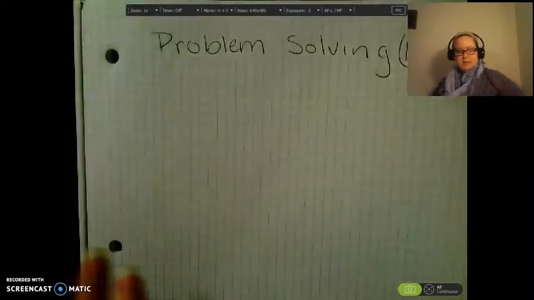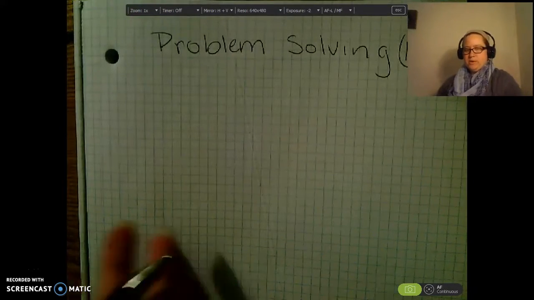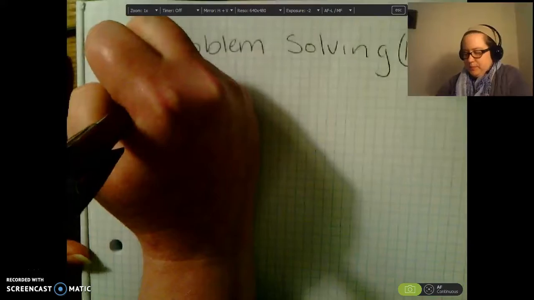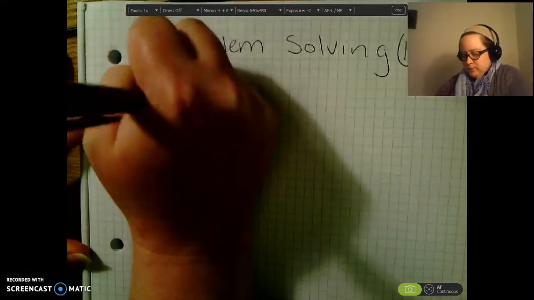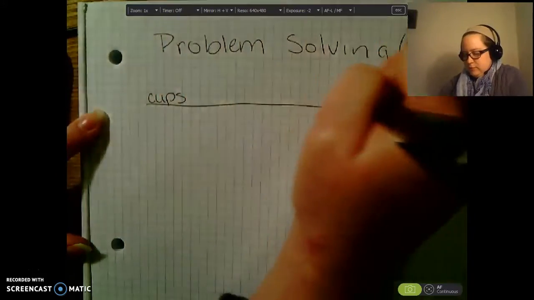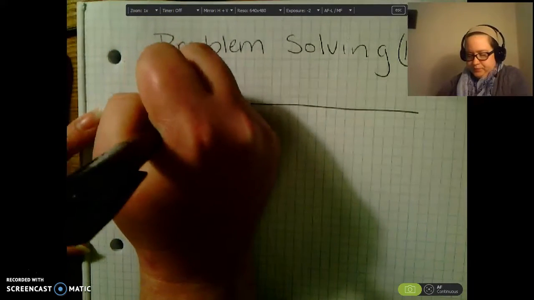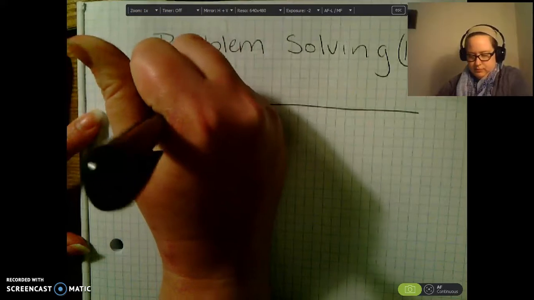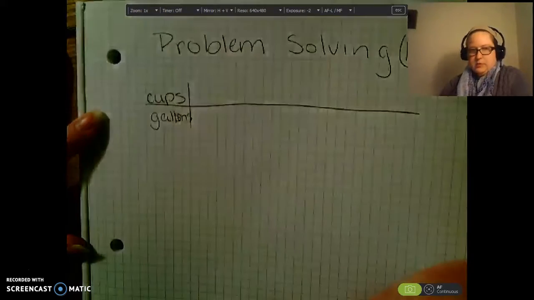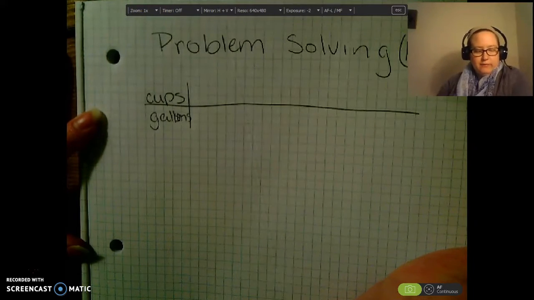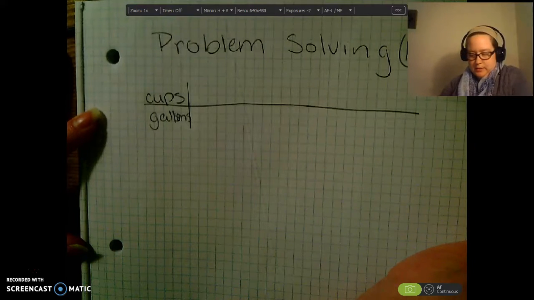If we make a table, we're going to have cups, and we're going to have gallons, because we have cups and we want to know gallons.